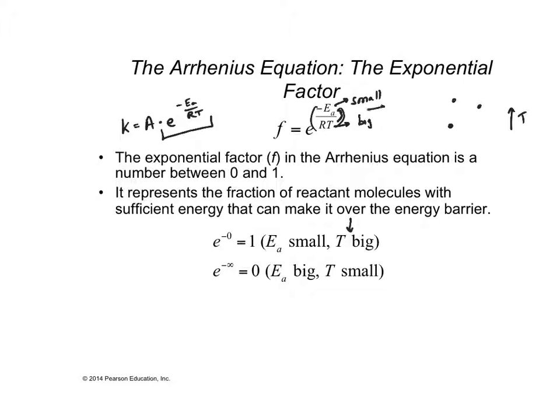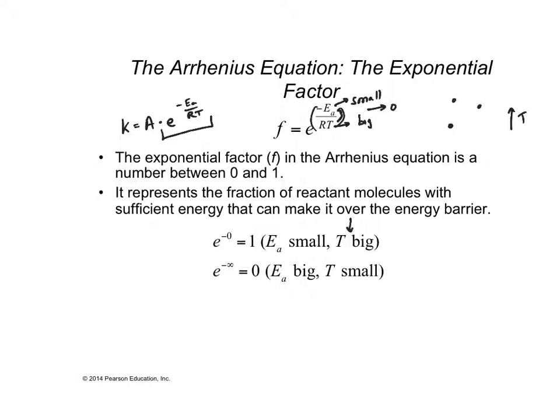So if this gets really small, what does it tend to? What number long term? 0. What does e raised to the 0 equal? 1. Okay? What this is saying is that if you have a really tiny activation energy and a really high temperature, the fraction of molecules that have enough energy to overcome that barrier is equal to 1. Meaning every time they attempt it, they're going to overcome it because they have lots and lots of energy. Okay?